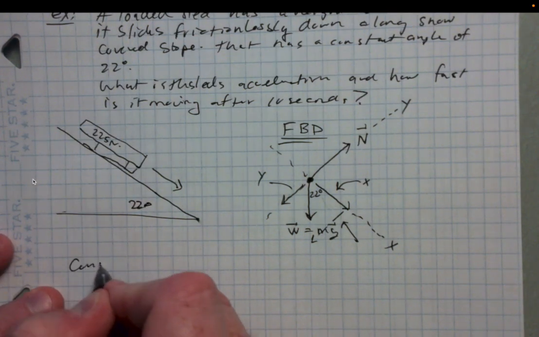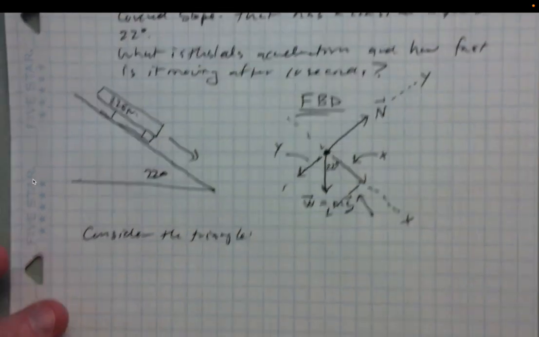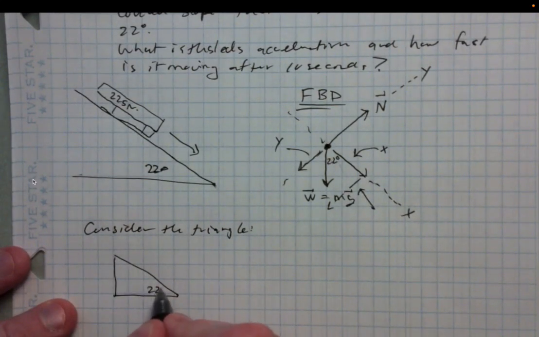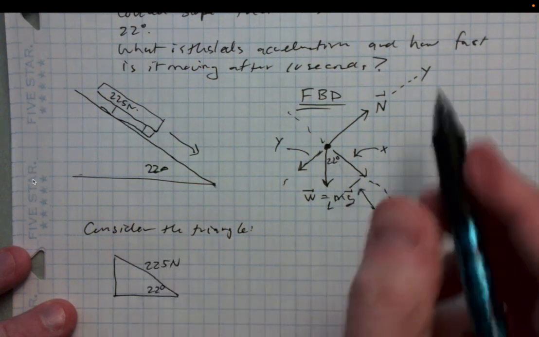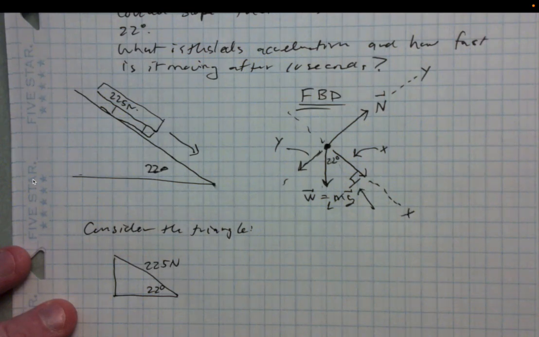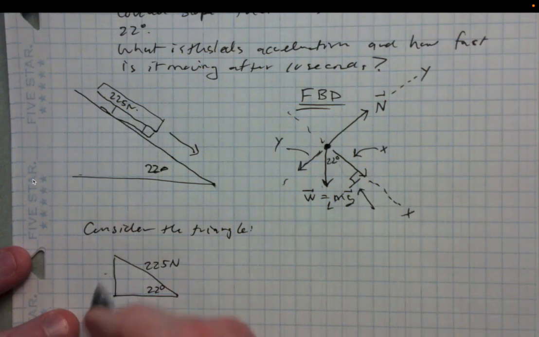So consider the triangle. What's it going to look like? Well, I'm just going to draw it like this. We've got a 22-degree angle. We know that this is 225 newtons. Right? That's this piece here. The right angle is here. Okay, and so we'll put this as, let's say this is x, and this is y.